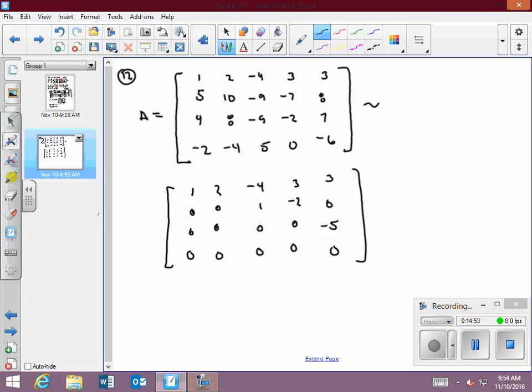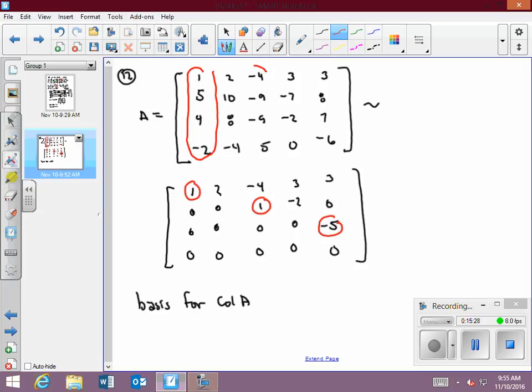For a pivot here, there, and there. So then when we do, they're asking us to find the basis for column A. And it's going to be this vector, and this vector.